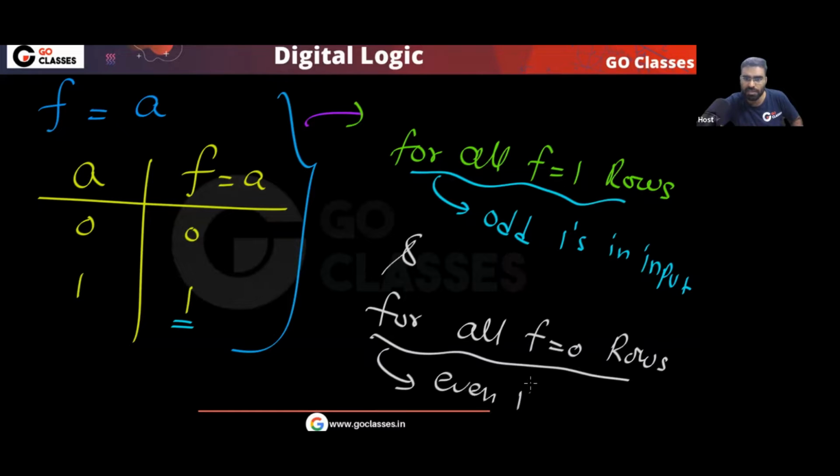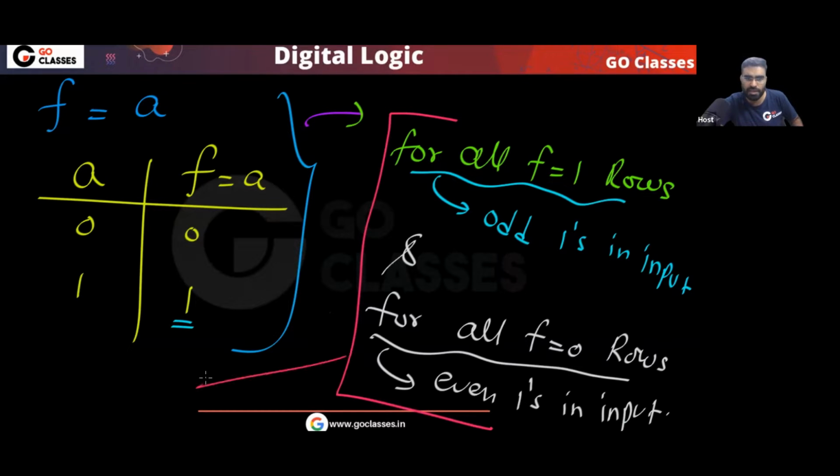So the definition is satisfied. So finally I can say that f equal to a is linear.